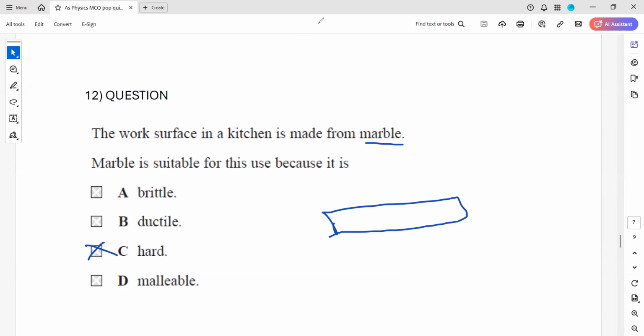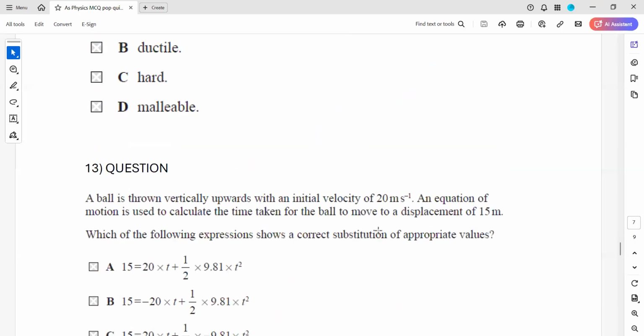Malleable means we can hammer into shape. Marble is not a malleable material. If you hit the marble, it will just break without deforming, or with very little plastic deformation. So marble can break down. So it's not a malleable material. It is a hard surface, so it cannot deform easily. That's why.